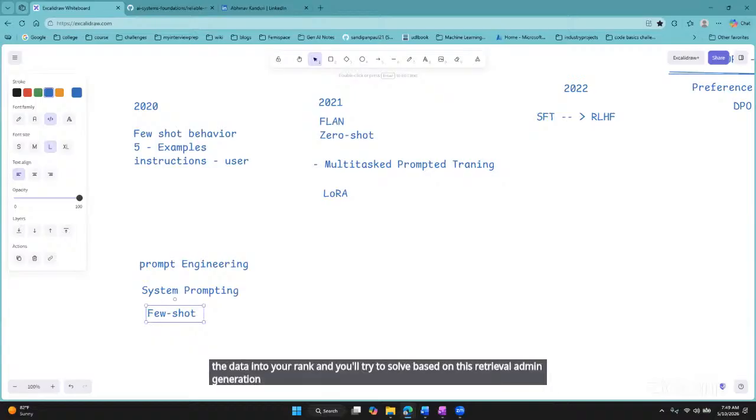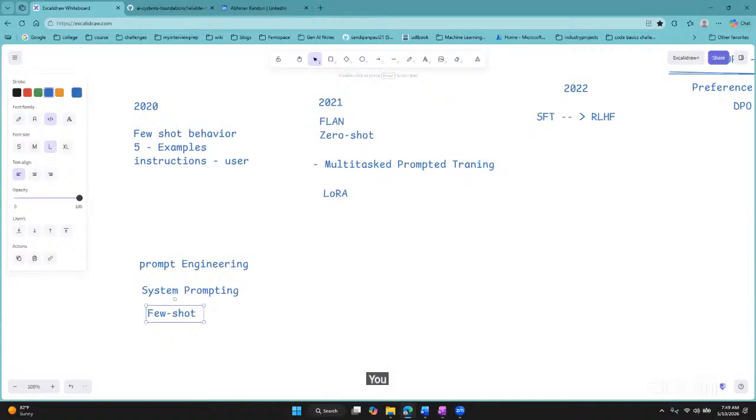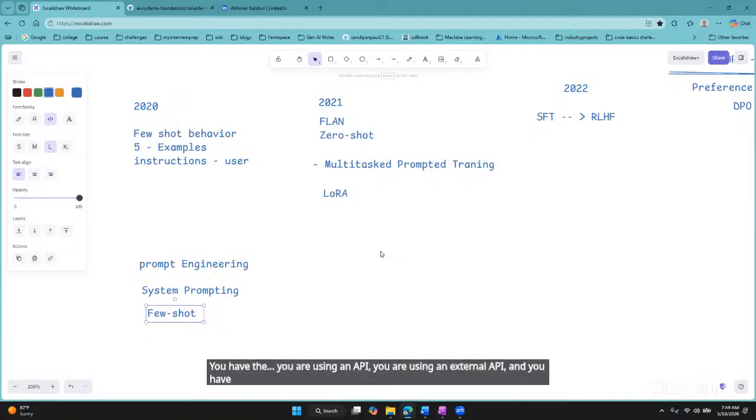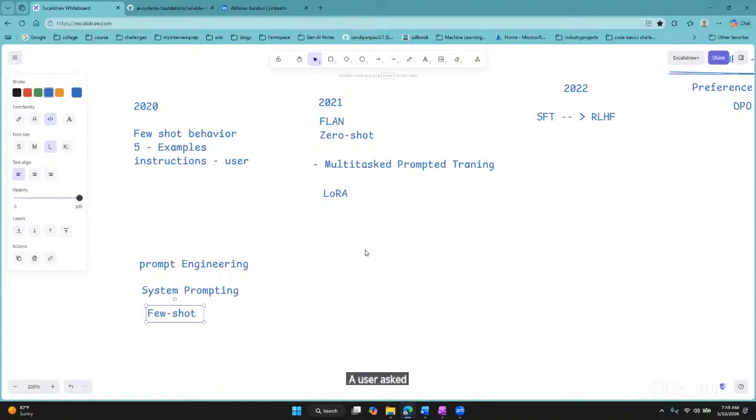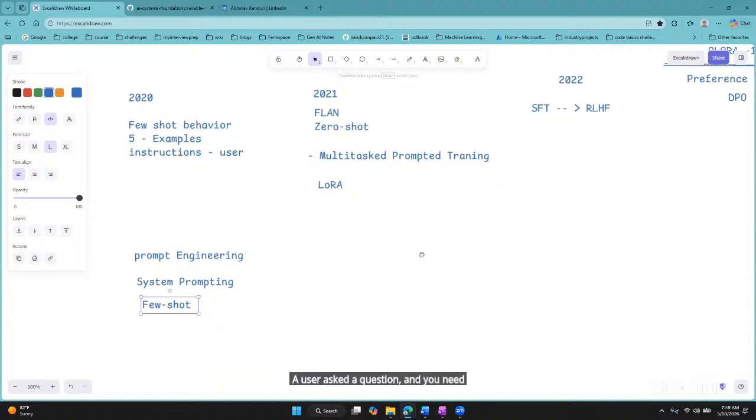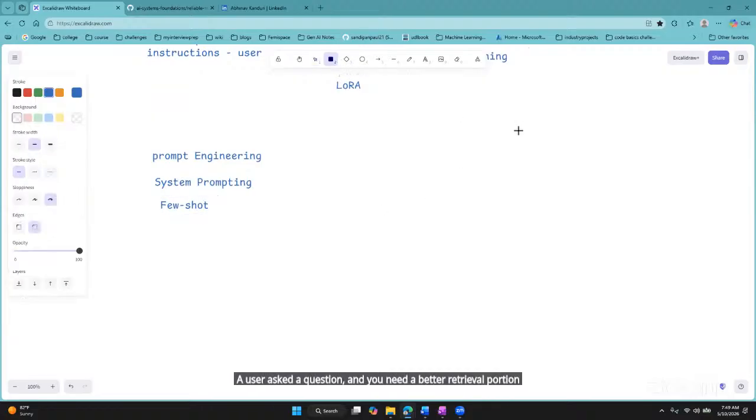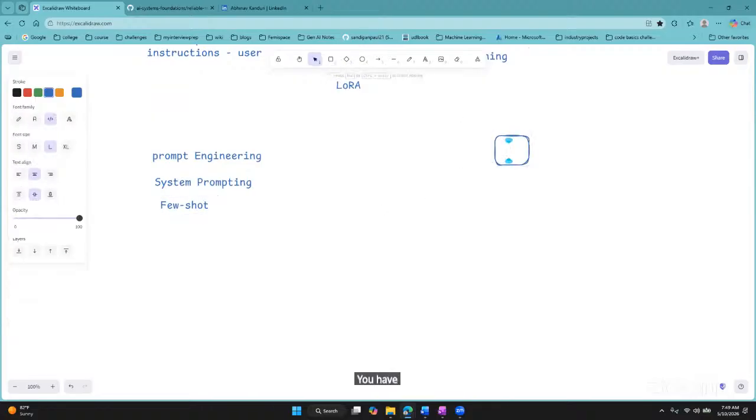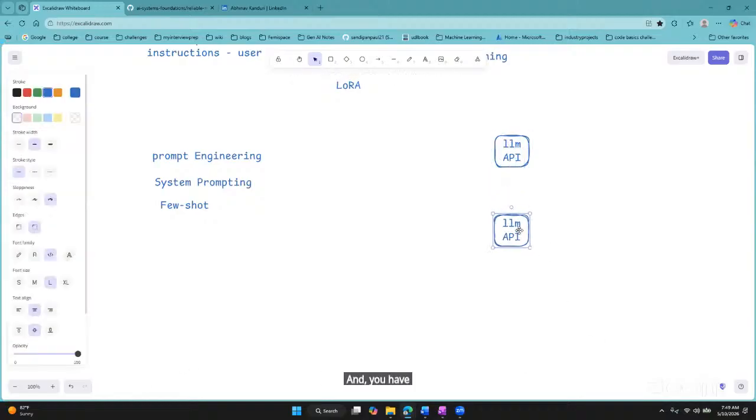Now, you are using an external API, and you have a RAG database where you are ingesting your documents. A user asks a question and you need a better retrieval portion. You have your LLM API and you have your RAG-based model here.